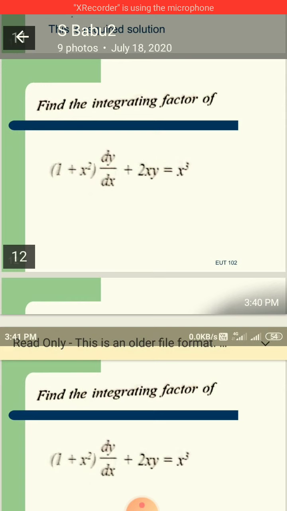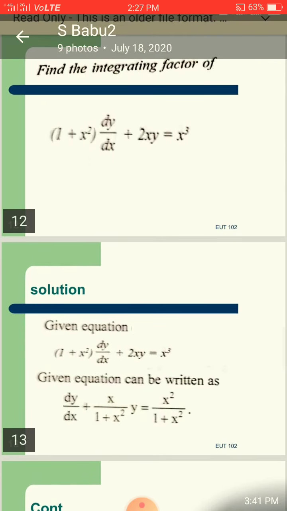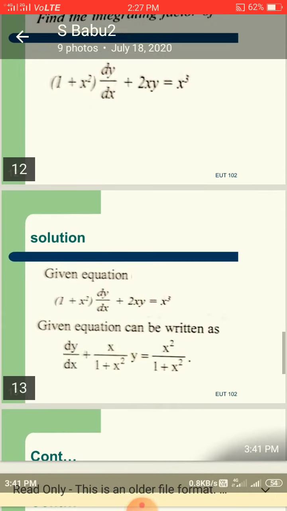So 1 plus x square is with dy by dx. Now we divide this complete equation by 1 plus x square.